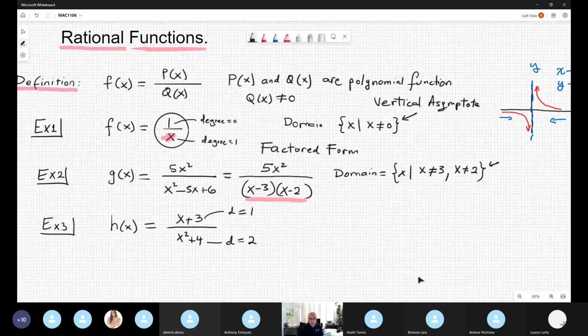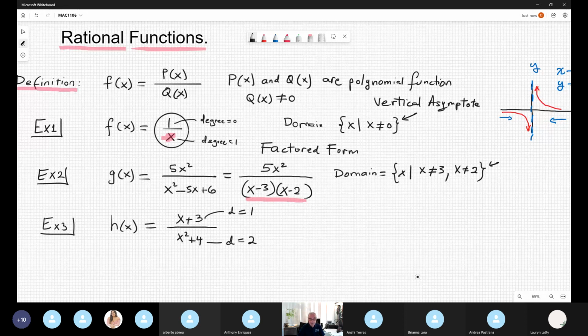Okay, so now the important thing to understand: I did a factored form before, but in this case, no. Why not? Because this expression is prime. How do you know? You try to solve for x, forcing it to be 0.